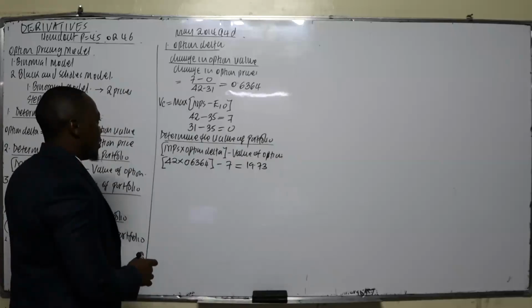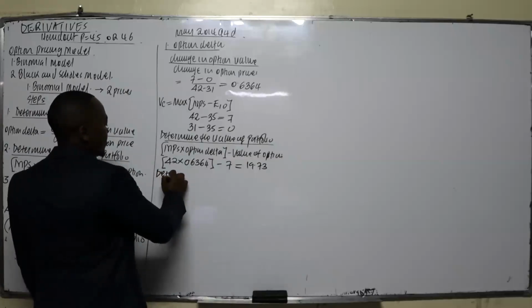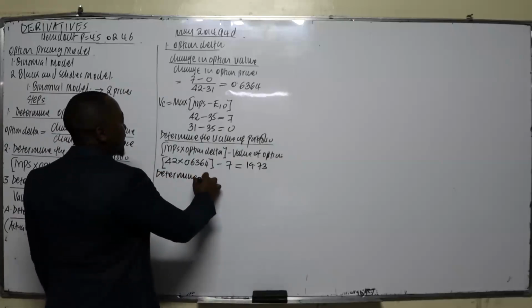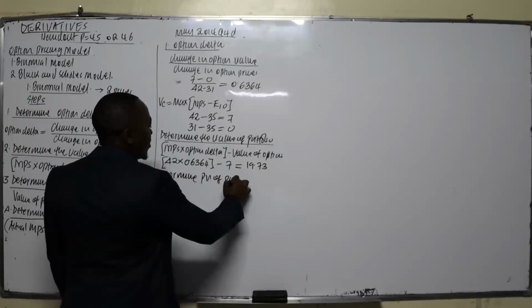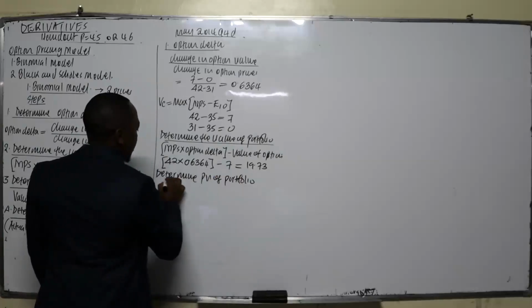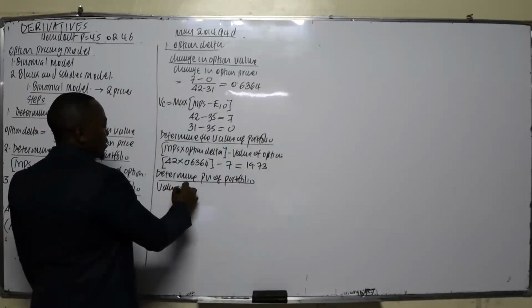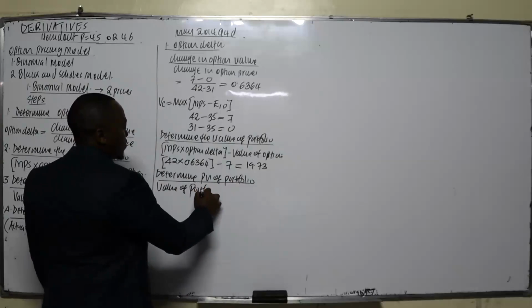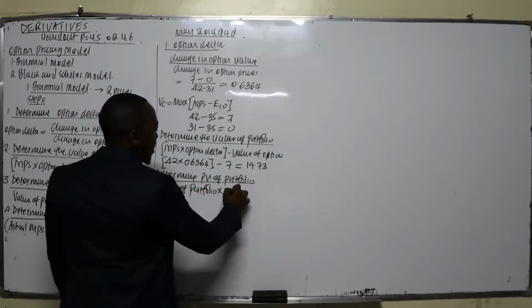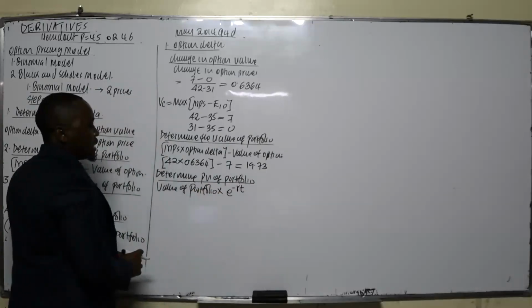Then number 3, you determine the present value of the portfolio. How do you get the present value of the portfolio? You take the value of the portfolio and multiply by e to the power negative RT.